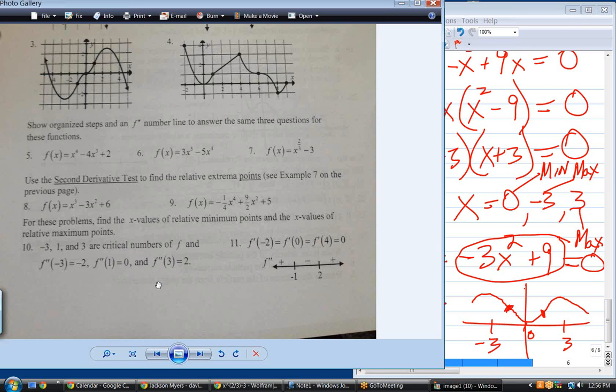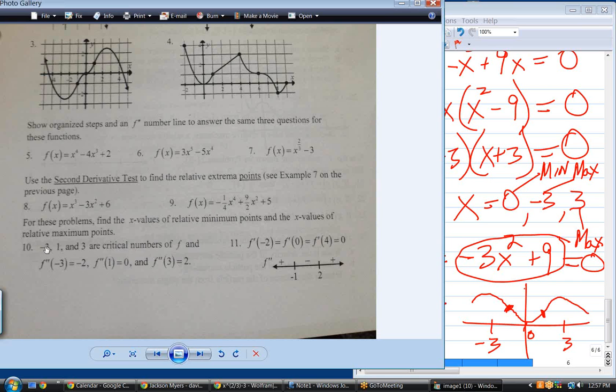What are they looking for on 10? Oh, for these problems, find the x values of the relative minimums and the x values of the relative maximums. Well, let's see. Second derivative is negative, that means concave down. That means maximum.